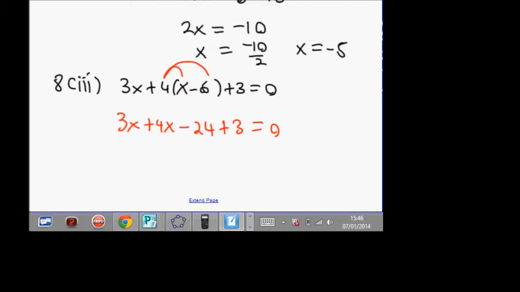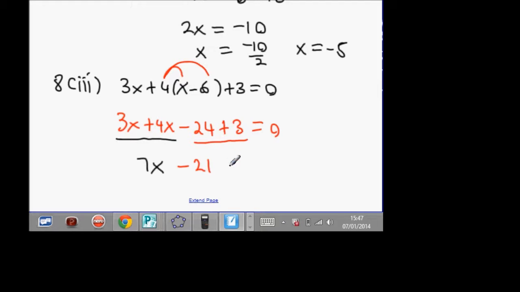Now how many x's do we have? You have 2 x's, and when we add them together, you get 7x, minus 24 plus 3. So that becomes minus 21. You understand where you got the 27 from, okay? But you've got to remember, minus 24 means you owe somebody €24, and then somebody gives you €3, so you owe them 21.